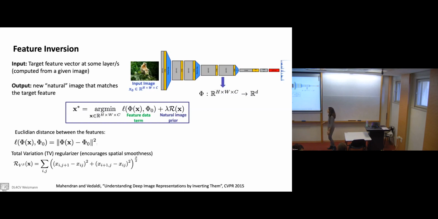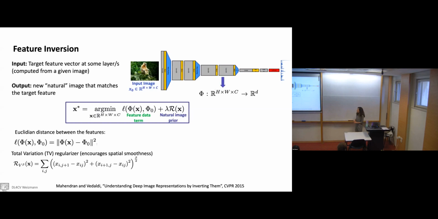And again here too we have some natural image prior, as we did before. A common choice, or the simplest choice, would be just to take the L2 norm between the two feature maps.